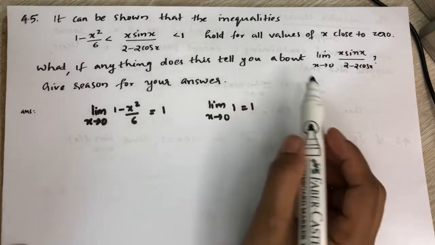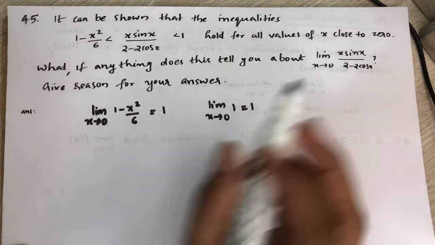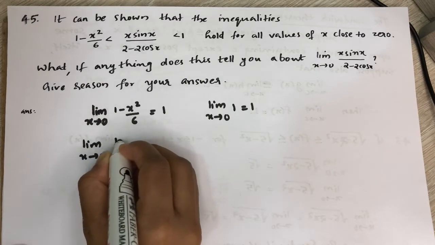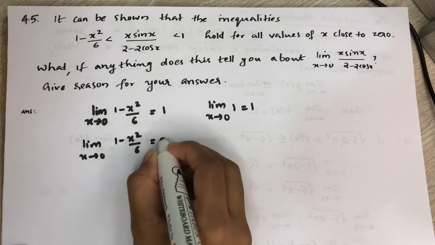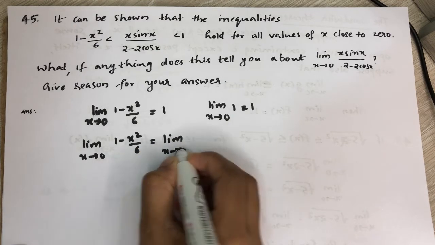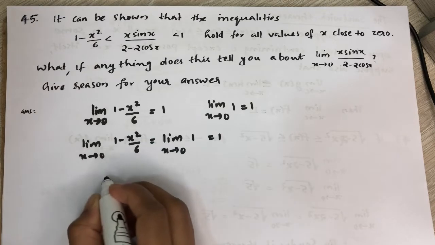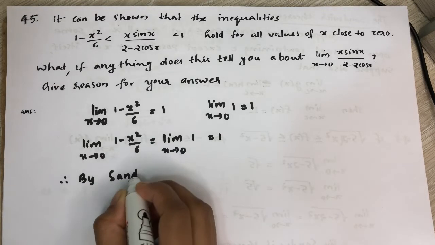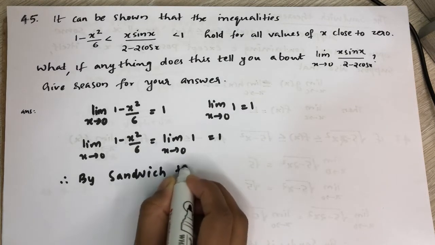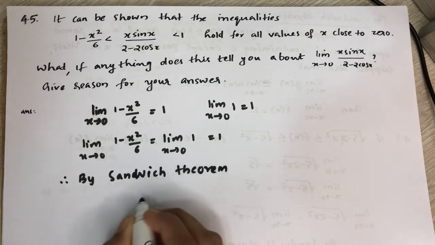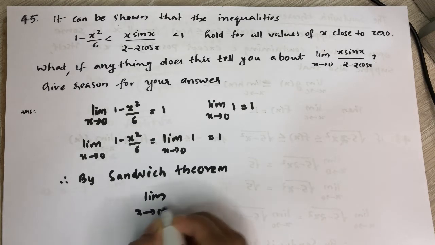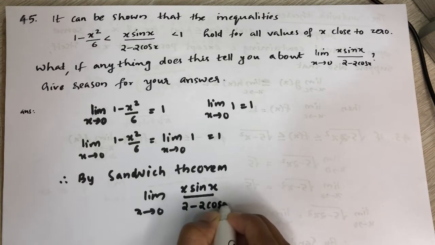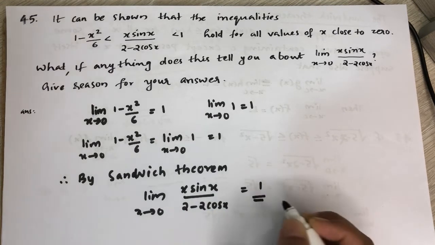Therefore we get this second condition of the sandwich theorem. Limit x tend to 0 1 minus x square by 6 is equal to limit x tend to 0 1 equal to 1. Therefore by sandwich theorem, we get limit x tend to 0 x sin x by 2 minus 2 cos x is equal to 1.